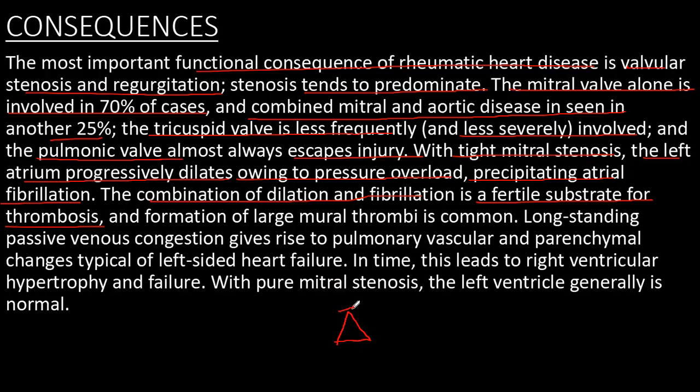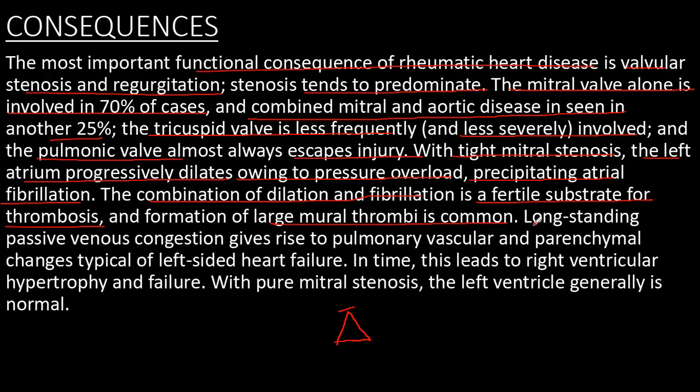At the top is endothelial injury, then hypercoagulability, and here you put hemodynamic disturbances, that is either blood stasis or turbulence. When there is stasis, it forms a very fertile ground for thrombus formation and the formation of large mural thrombi.